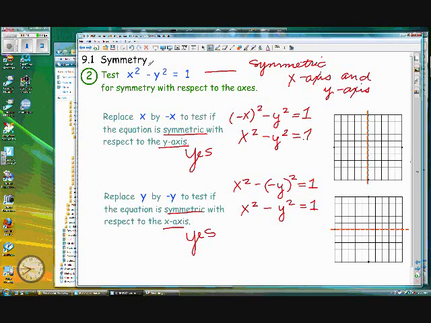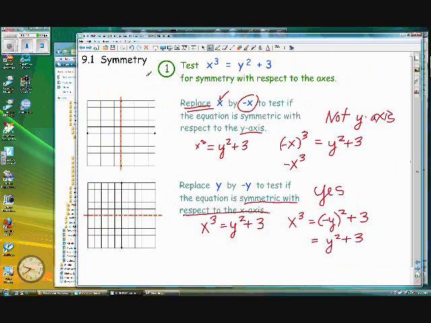The one we did earlier was symmetric only to the x-axis. When we put in the negative y, it worked. When we put in the negative x, it didn't. It was not symmetric to the y-axis.